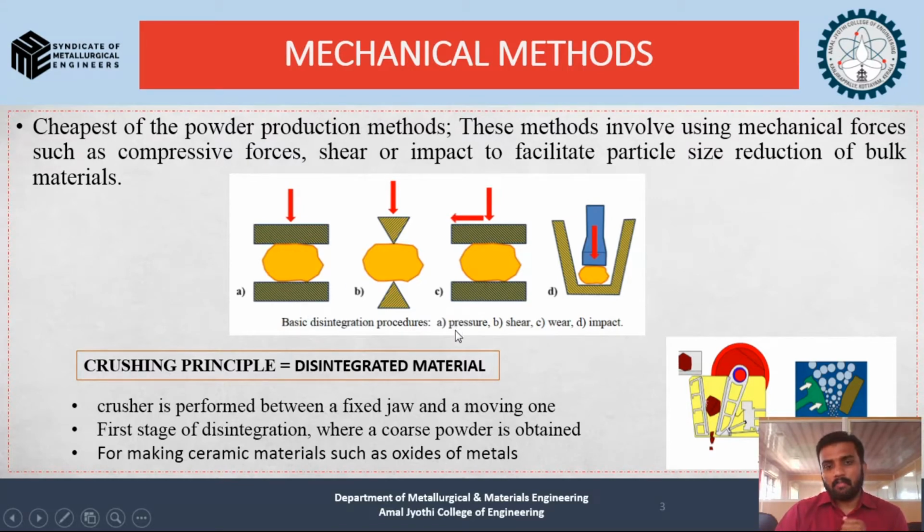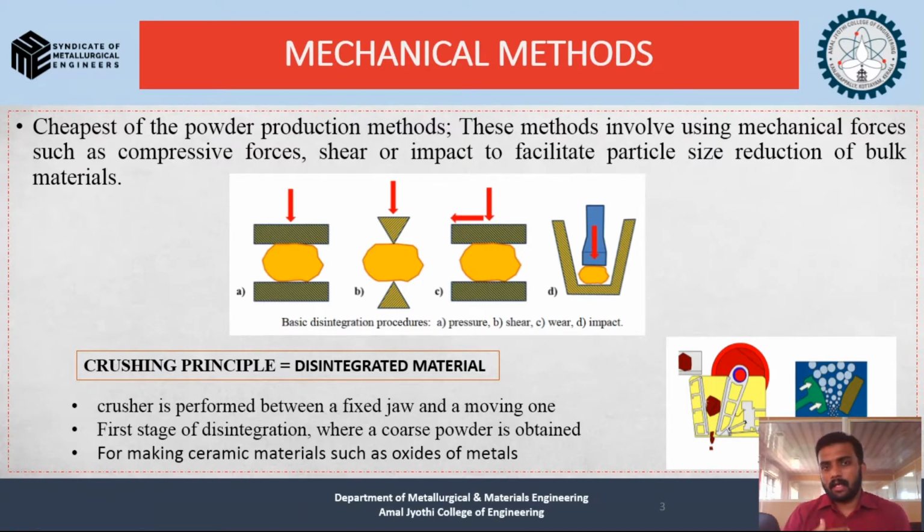The first process is called pressure, where we apply a force onto the material. From this figure it is evident that we are giving a compression force. The second image is called shear force. Shear is a gliding or friction-type movement where the material is crushed. From the arrows shown here, we can understand how the motion happens, and it can be termed shear as well as impact force, because in figure D it is like a mortar and pestle.